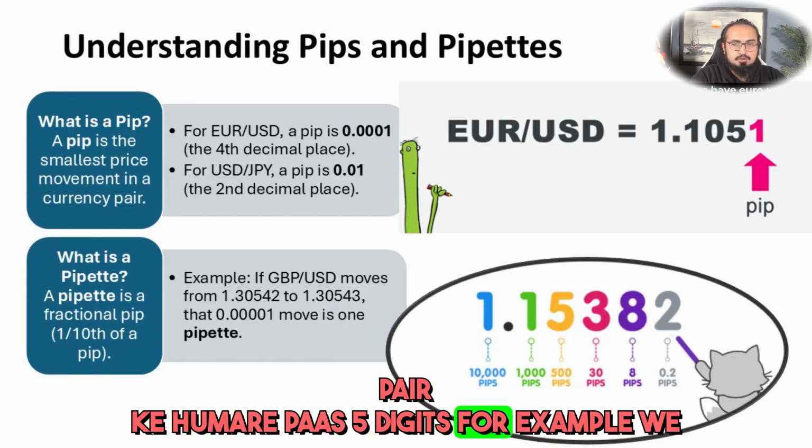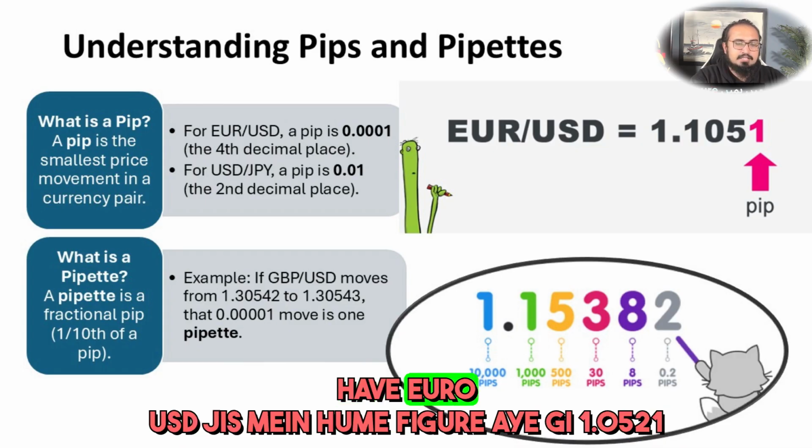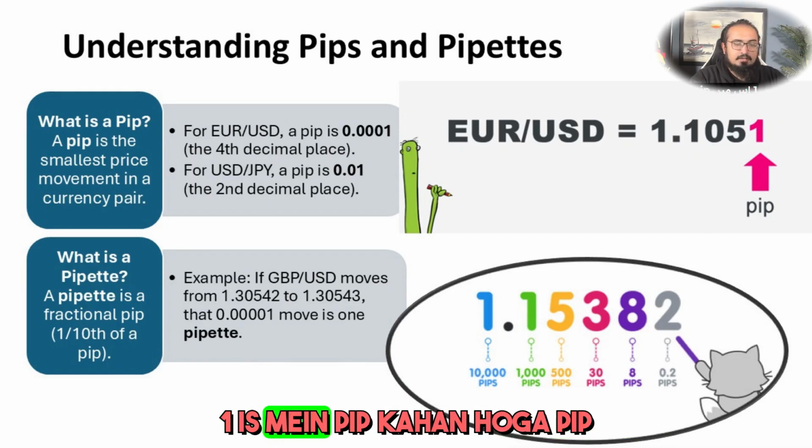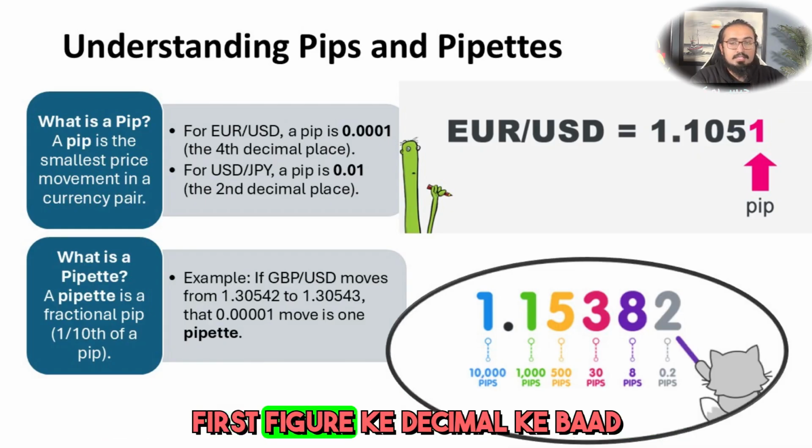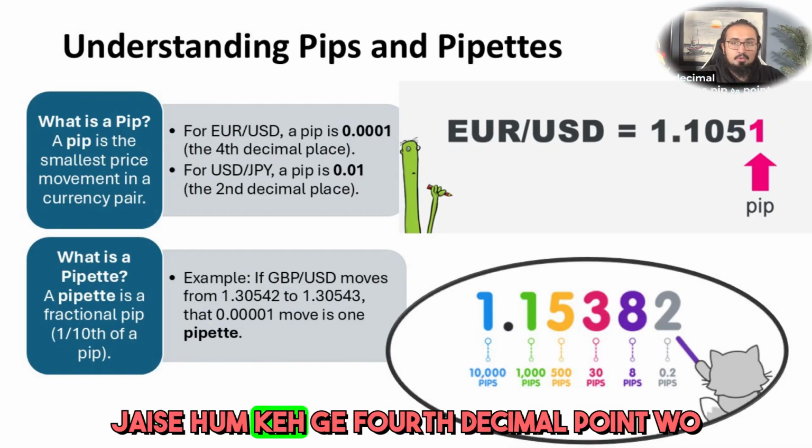For example, we have EUR/USD, where the figure is 1.0521. Where will the pip be in that? The fourth decimal place will be equal to 1 pip.